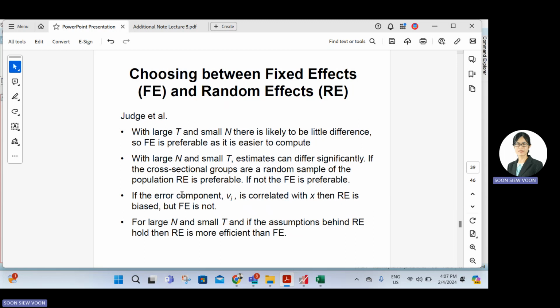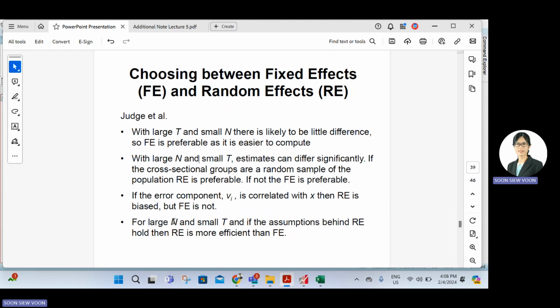How about if the error component is correlated with the X? The assumption for the random effect is that the result will be biased if the V is correlated with the independent variable. So if the V is correlated with the X, then the random effect model is biased, and the preferred one is the fixed effect.